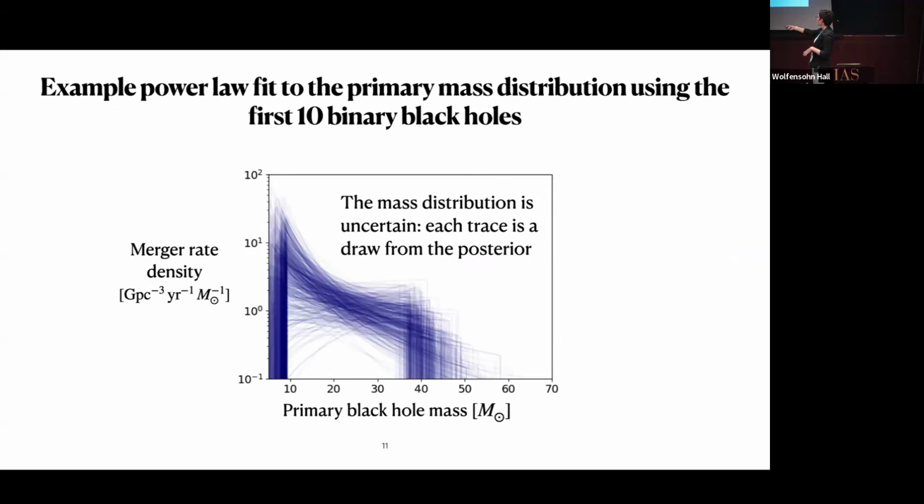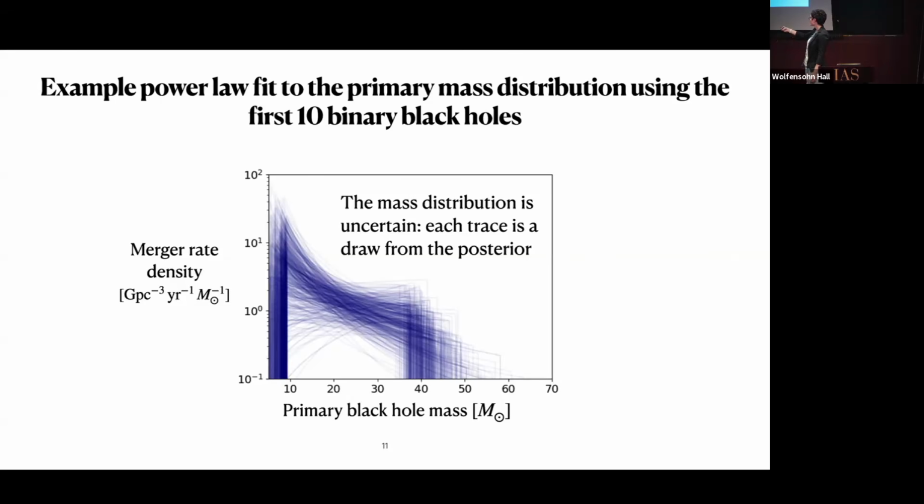And so what you end up getting is a bunch of these posterior draws. So this is showing a bunch of different curves on top of each other. If you can follow some of these individual curves, that's just one draw from the posterior that we infer on the power law. So each one of these curves has some minimum mass, some power law slope, some maximum mass, some merger rate. And so each one of these traces is a draw from the posterior, and you infer something like this, right? The black hole mass distribution could look something like this.